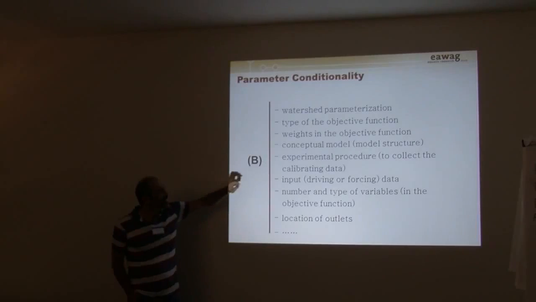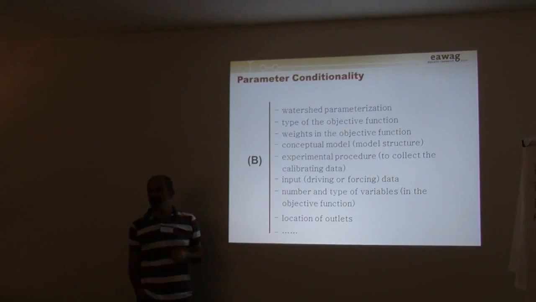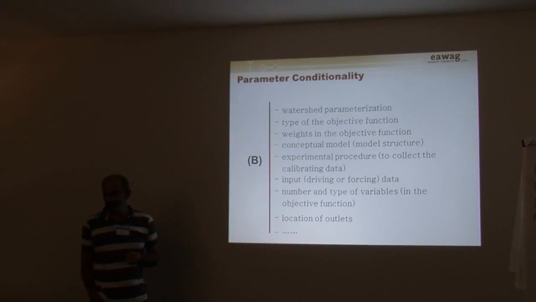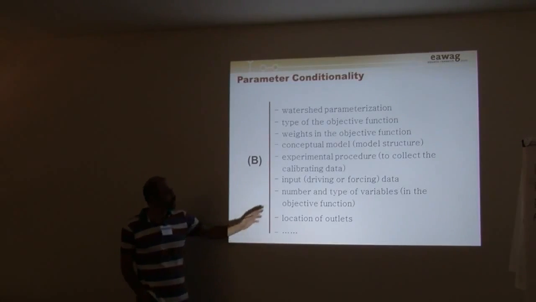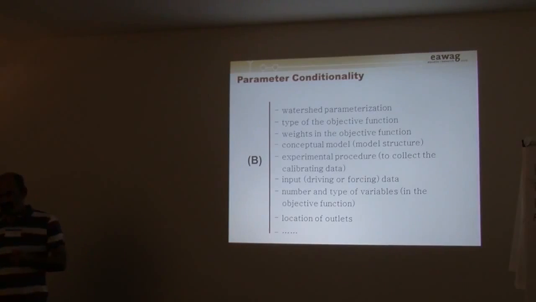It also depends on the experimental procedure you used to collect your calibration data, especially for sediment. It's not an easy thing to collect sediment observations. In the Thur watershed in Switzerland, they collected data for over 30 years.